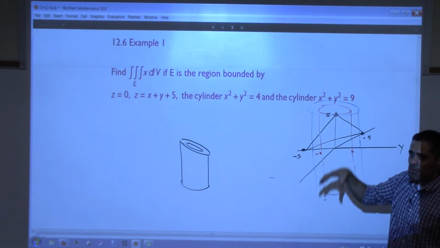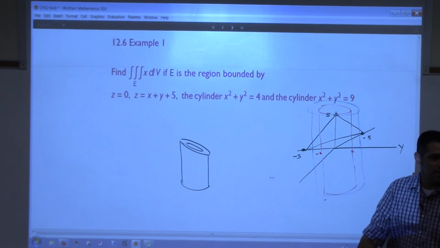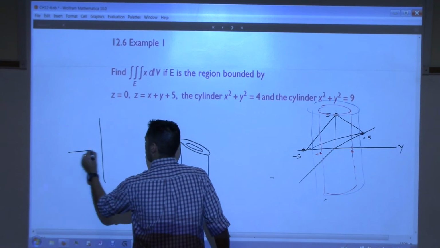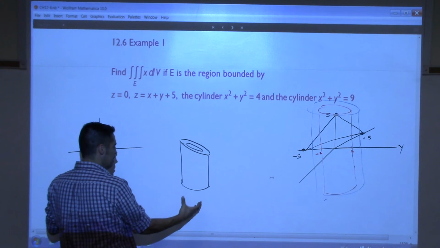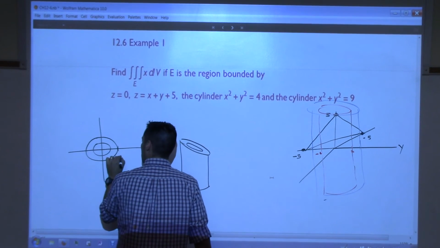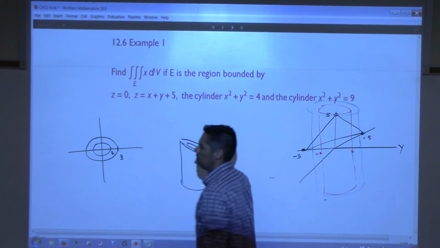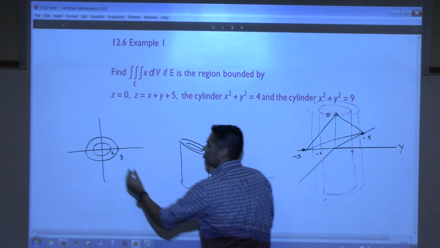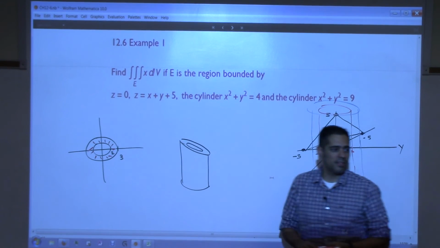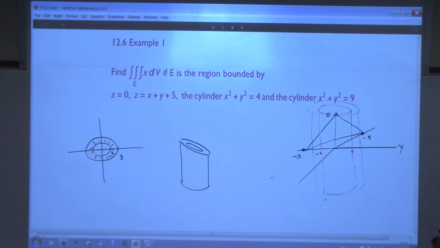Now, let's talk about the projection of that solid onto the XY plane, so we can look at the two-dimensional restriction. The two-dimensional restriction of this onto the ground is going to be that thing that looks like a washer, and it's everything in here. When I look at that, I say type 1, type 2, or polar.